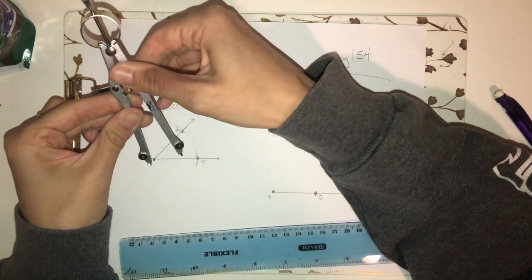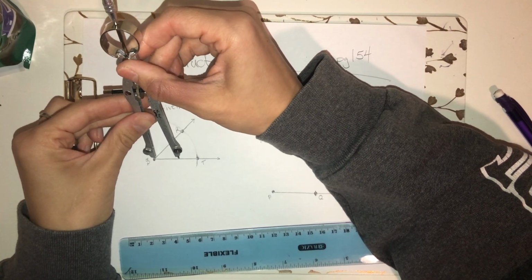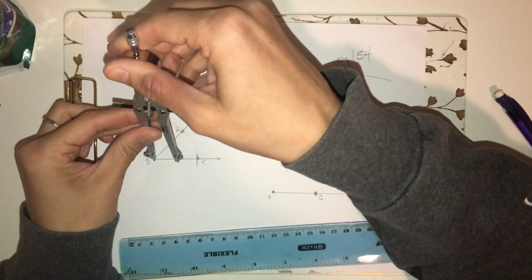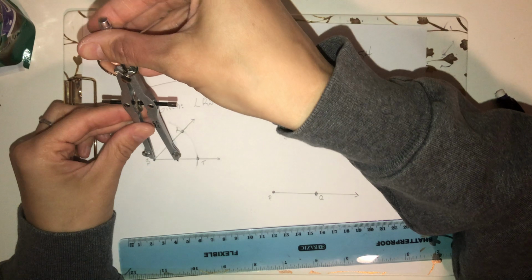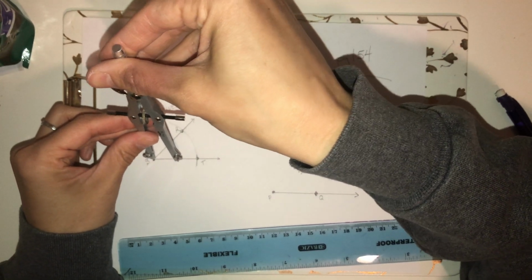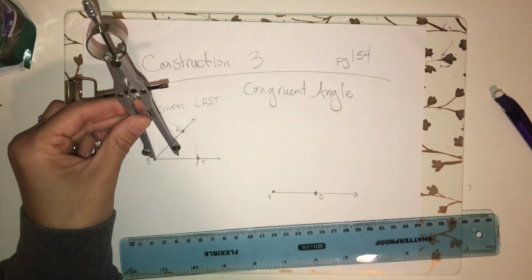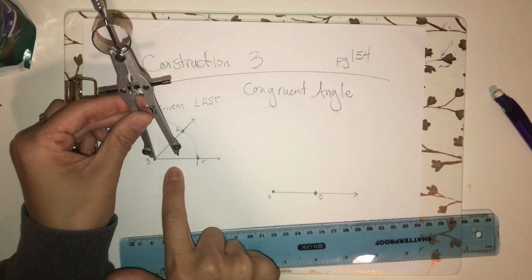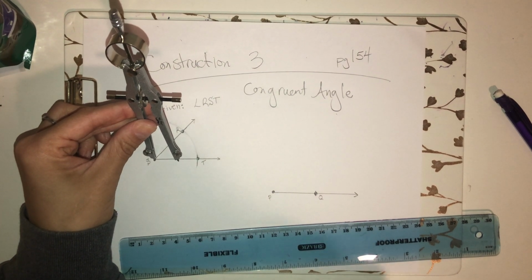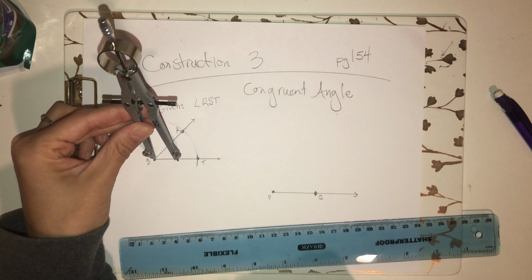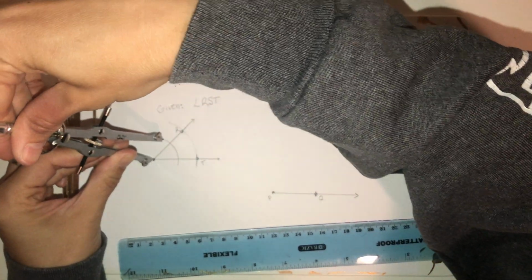Maybe tighten up that compass because we want to create 2 new points. There is a way to do this that doesn't involve creating 2 new points, but if we want to follow the textbook's example, which is something that I said in the initial that I would do, then let's go ahead and do that. So I'm going to tighten up my radius such that in this next arc that I'm about to draw, I'm going to create 2 new points called G and H. And you'll see the purpose of this a little bit later on.